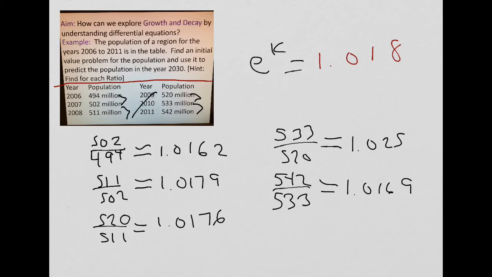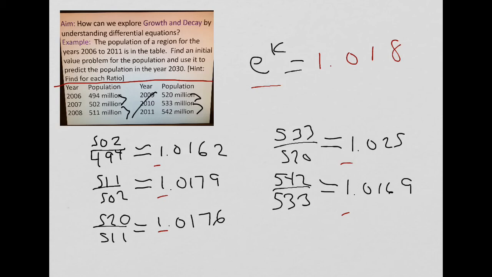That's what we make equal to e to the k to find out what that k value is that we're working with. If you remember, the 1 plus whatever the increase is was based off of no natural population growth. But here we do have a natural base. This is an exponential growth that appears in nature.